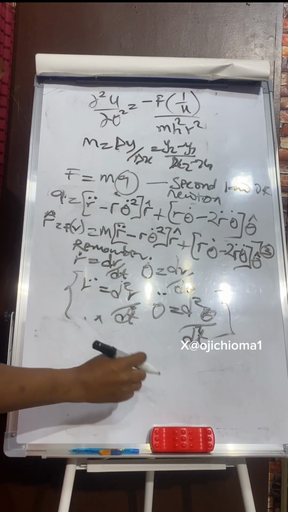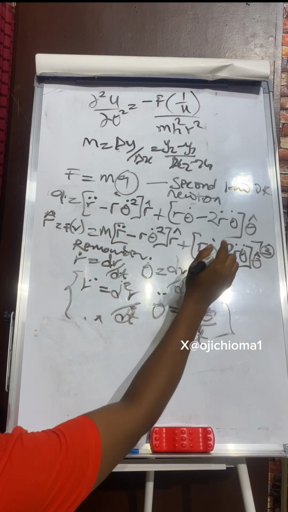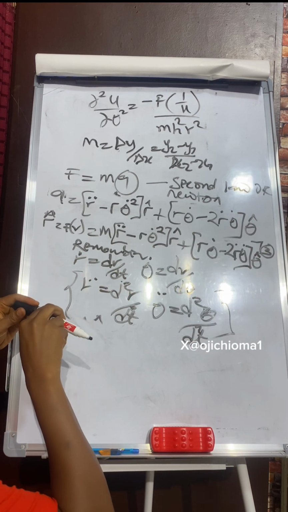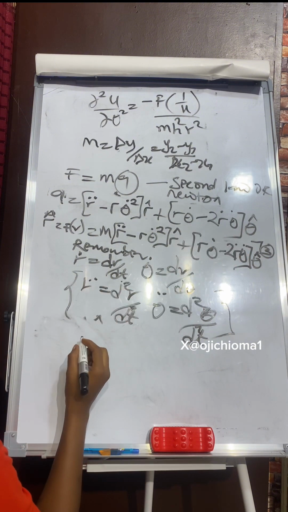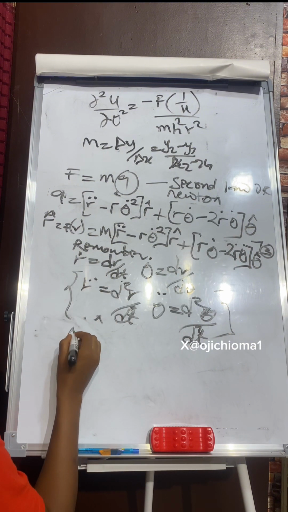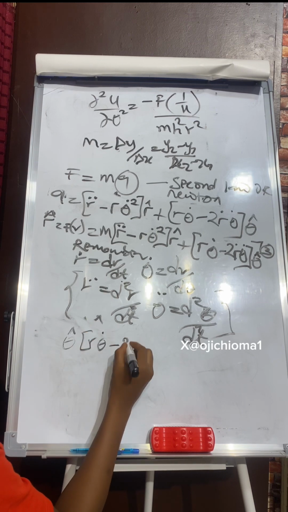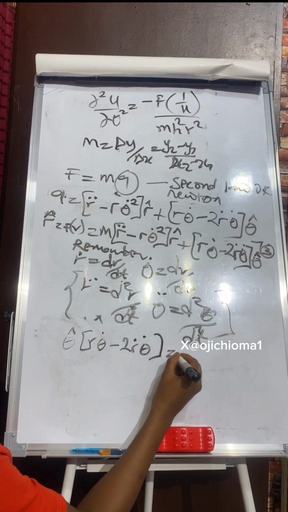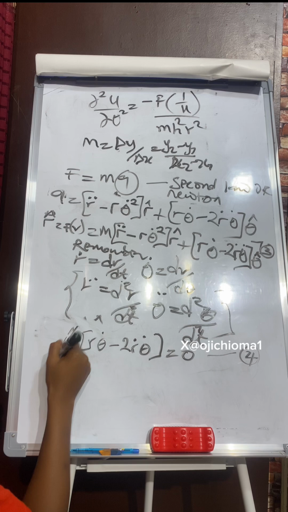Taking them by parts, let's take the angular displacement part. From this equation, we take the theta component: r theta double dot plus 2 r dot theta dot equals 0. Let's say this is equation 4. Now this cancels this.